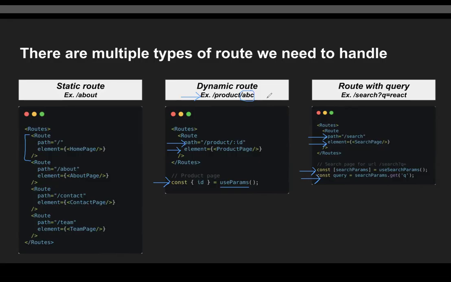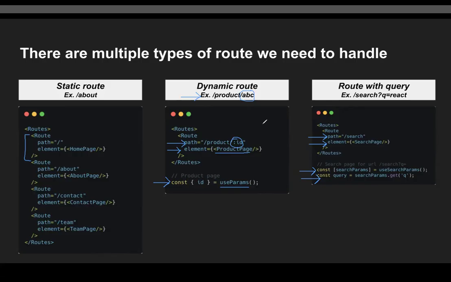So what we have to tell React Router is, hey, for any URLs that look like /product/ some sort of dynamic element, which we'll call ID, take us to the product page. And inside the product page, we can access whatever this dynamic element is, this ID, using the useParams hook. So it's a pattern match essentially to say, hey, React Router, whenever you see a URL that looks like this, go to the product page and then do your thing.